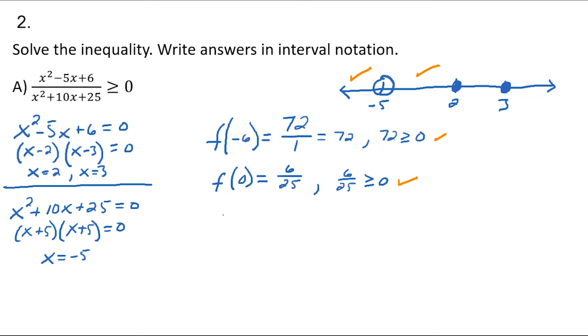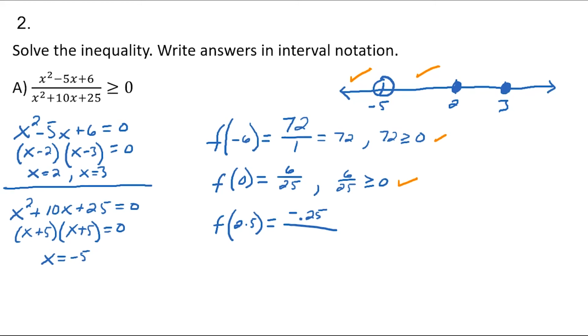For the third section, I don't have much space here, so I'll just choose 2.5. When I plug this into my function, I end up with negative 0.25 on top over positive 56.25 on the bottom.